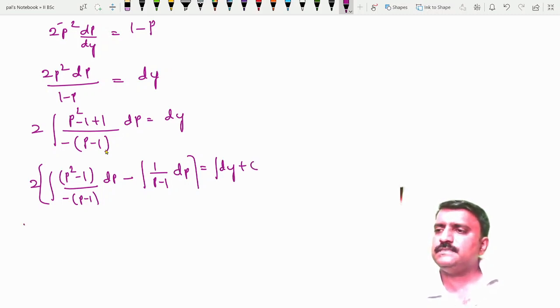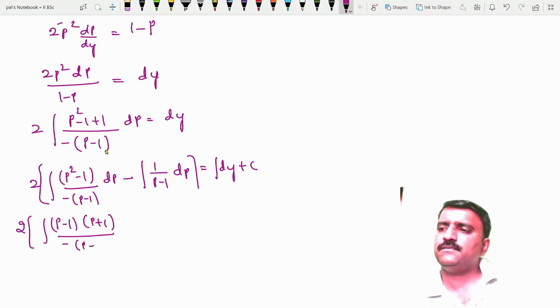So now this is 2 into integration of p square minus 1, which can be written as p minus 1 into p plus 1, divided by minus of p minus 1 into dp, minus, integrating with respect to p, log of p minus 1, is equal to integration of dy, which is y plus c.